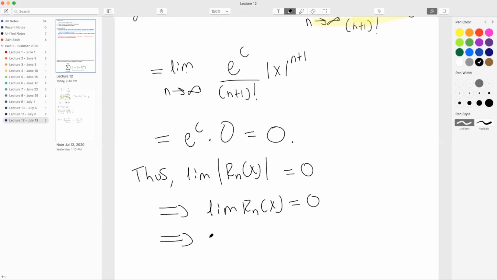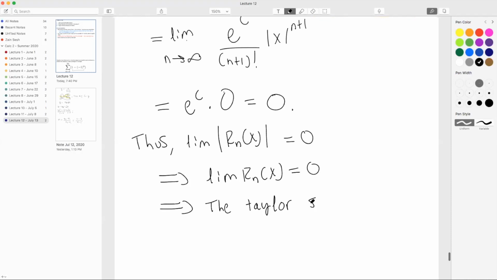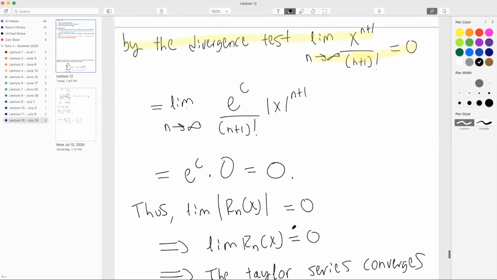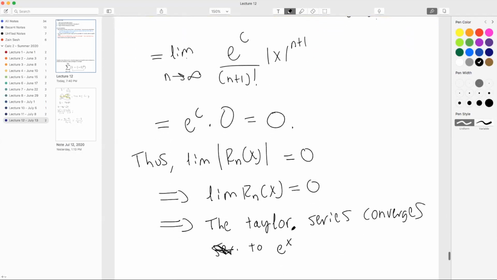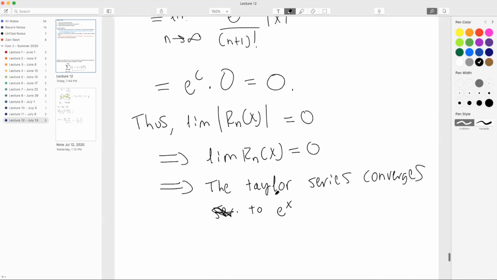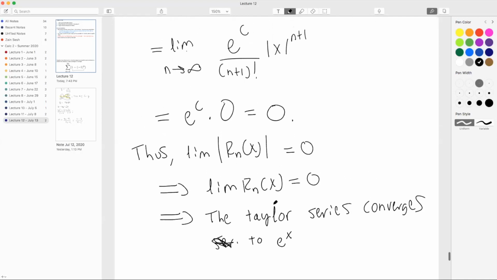And we're done, which implies the Taylor series converges to e to the x. There we go. So we see that that explicit formula for the nth remainder was really important, okay? Cool. So if anyone has questions, just let me know.